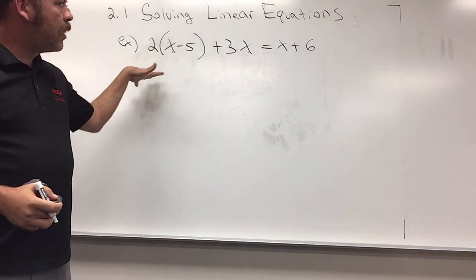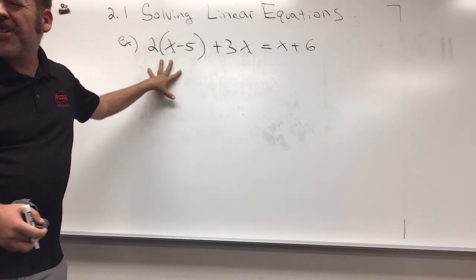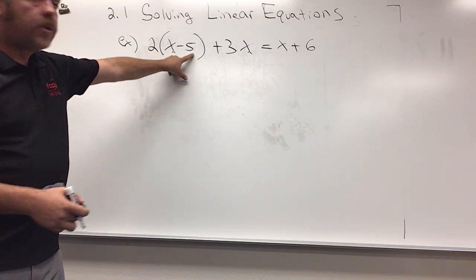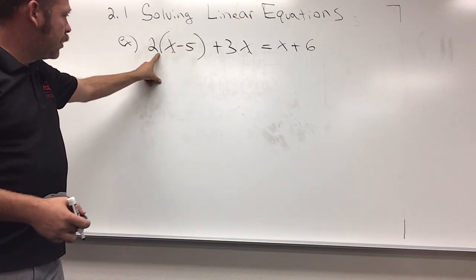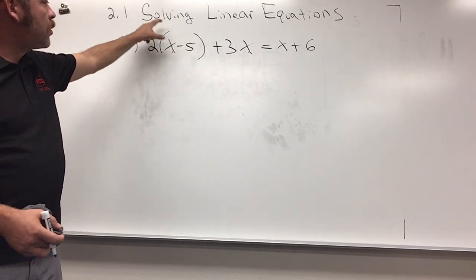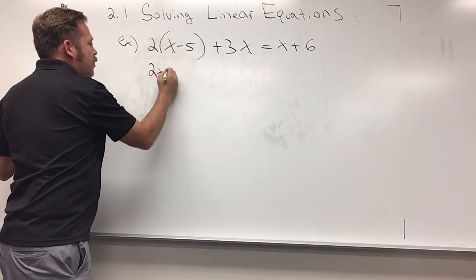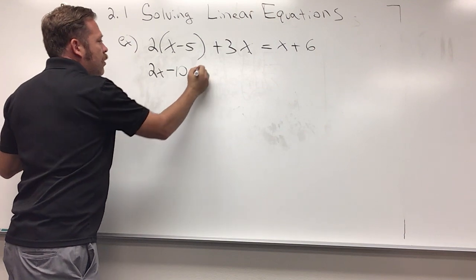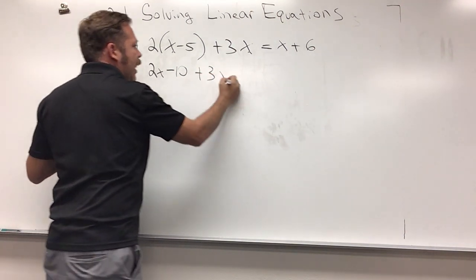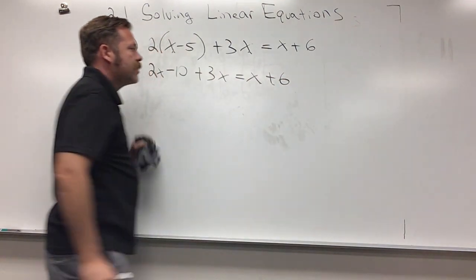Do you see anywhere where distributing is necessary? Anytime you see parentheses, that's a clue. So right here I have distribution, 2 times x minus 5. I'll take the 2 and multiply it to each one of these terms. So I get 2x minus 10 plus 3x equals x plus 6.